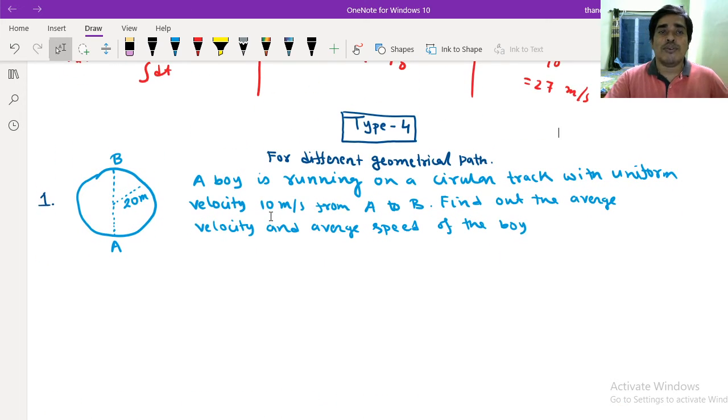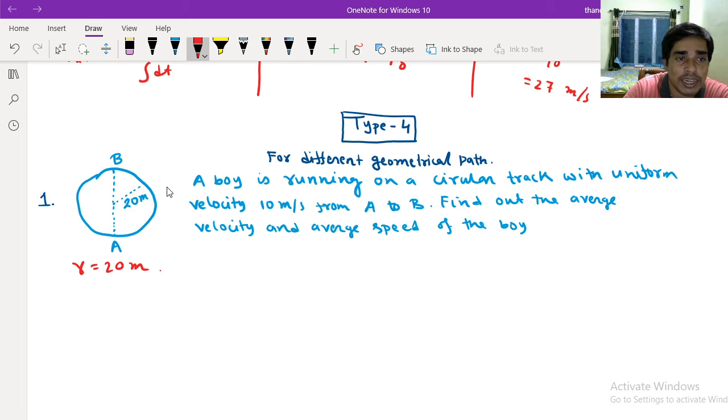Type number 4. For different geometrical paths, you have to calculate the average speed or average velocity. Here this is a circular path, and the radius of the circular path is r equals 20 meter.